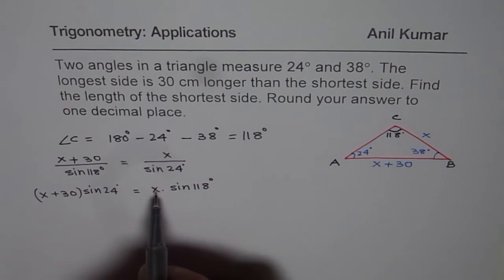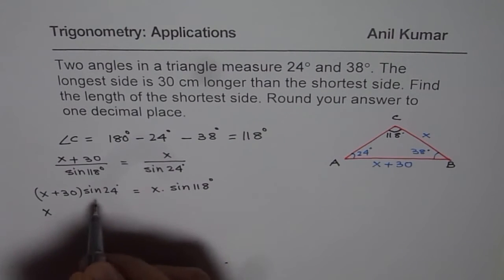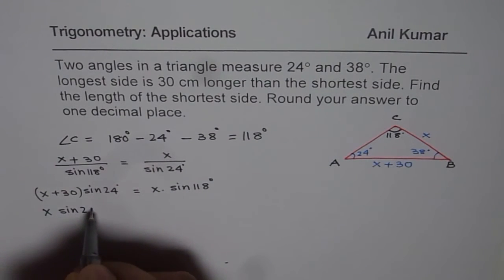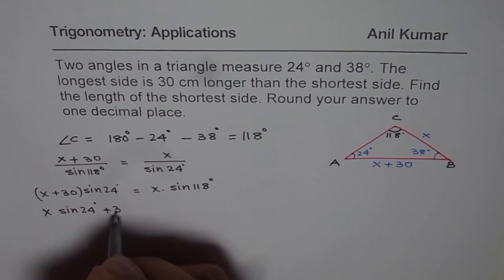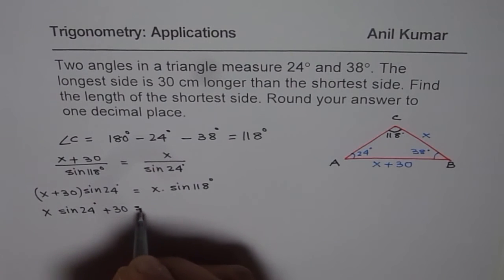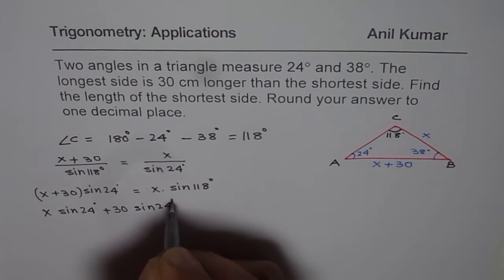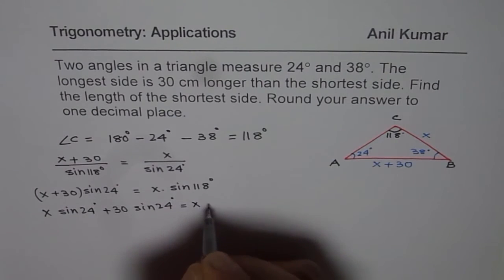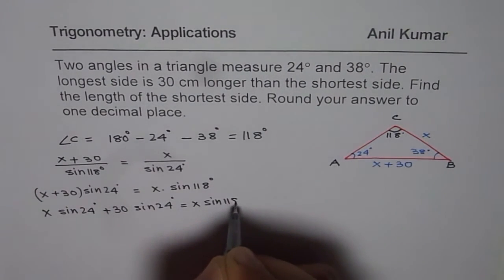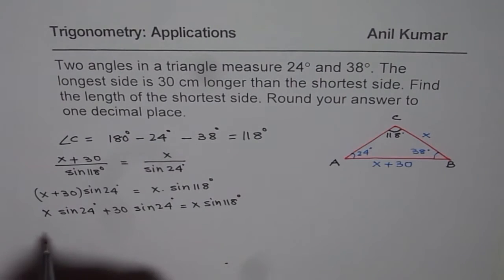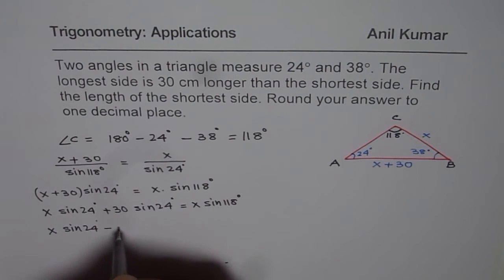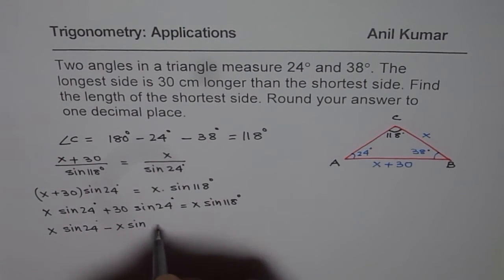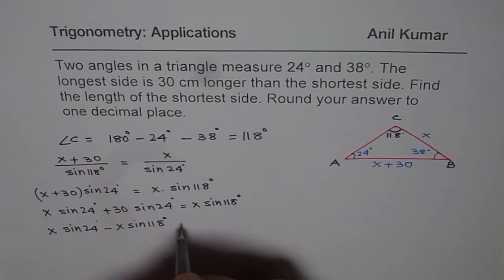Now you can bring the x terms together. Let's expand: x sine 24 degrees plus 30 sine 24 degrees equals x sine of 118 degrees. Bringing x terms together, we get x sine 24 degrees minus x sine 118 degrees.